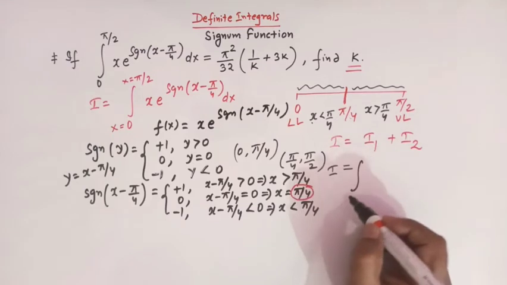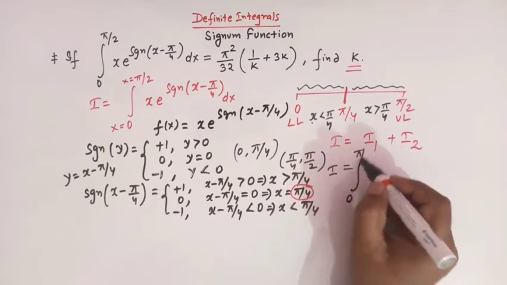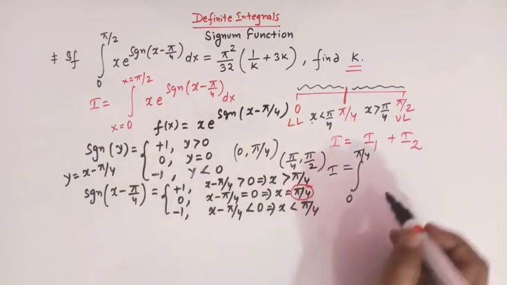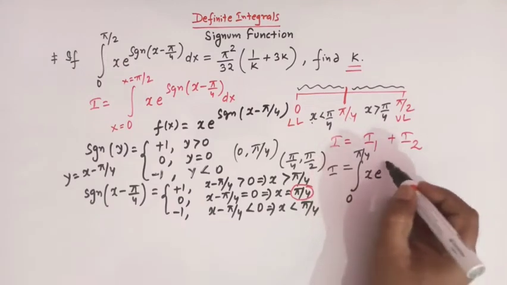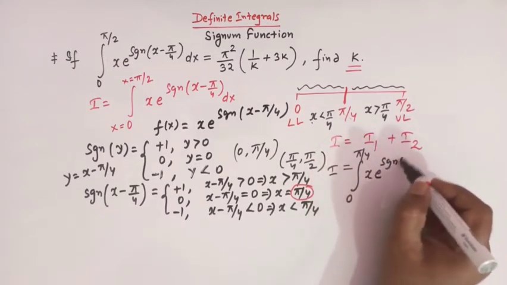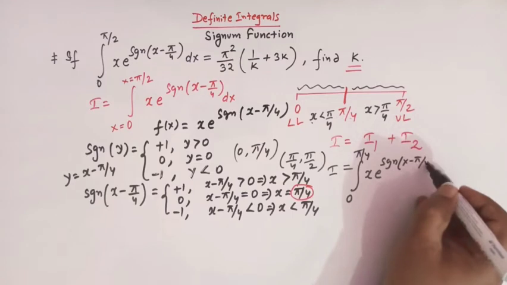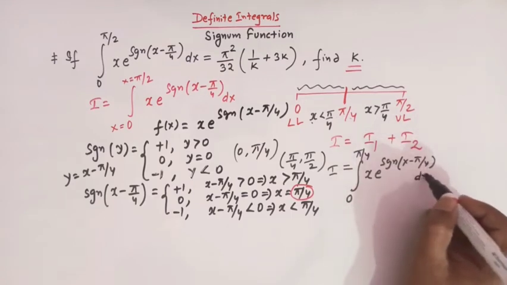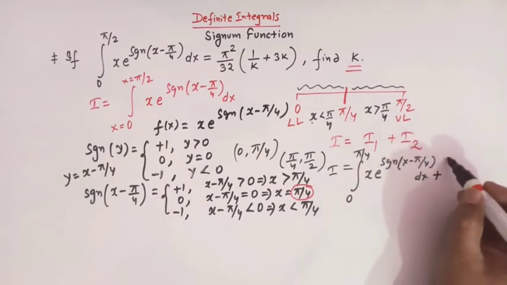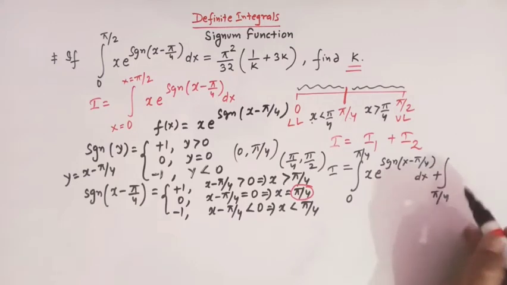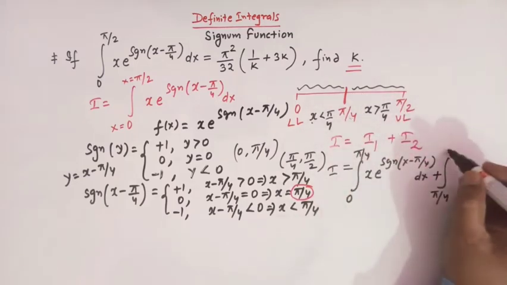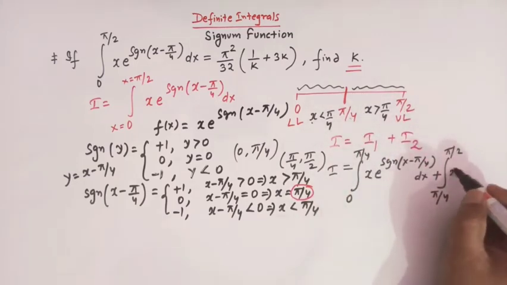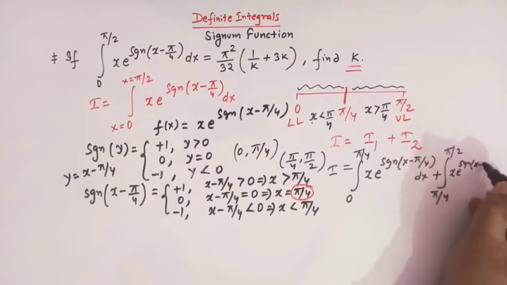So I1 is from 0 to π/4, and our integrand is x e^(sgn(x − π/4)) dx, and I2 is from π/4 to π/2, and we have x e^(sgn(x − π/4)) dx.